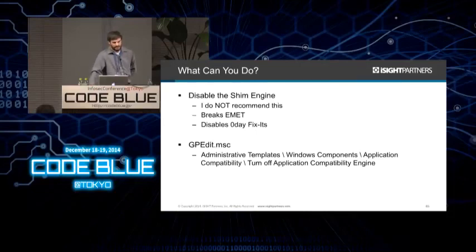So if you disable this, you disable the good and you disable the bad. So I think there's better gains from having it in your system. So I don't recommend disabling it. If you did want to disable it, I provide the path there to do that through the group policy editor.